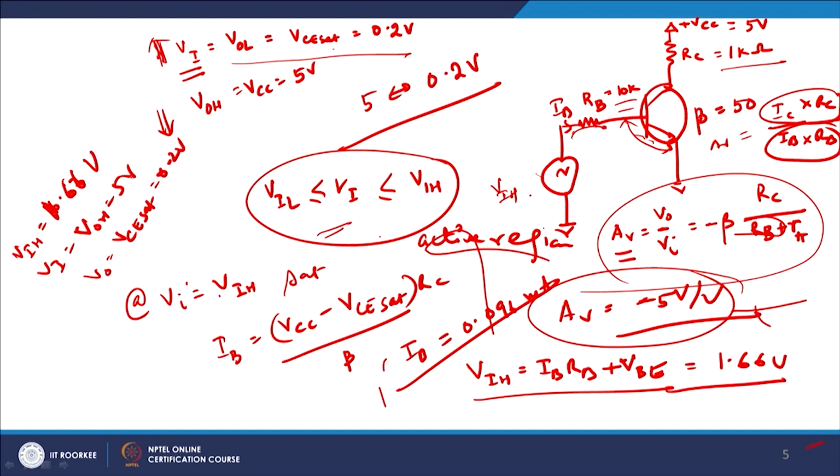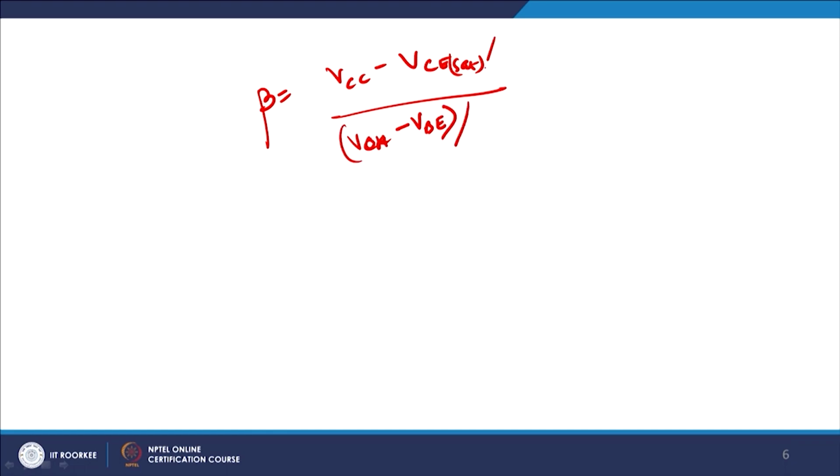Now, if I assume these definitions are equal, then from here I can get the value of beta, the current gain, to be exactly equal to VCC minus VCE sat divided by RC, over VCC minus VBE or VOH minus VBE divided by RB.